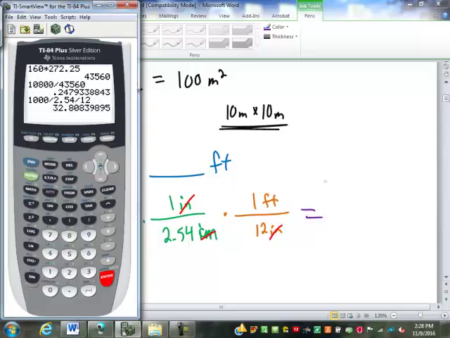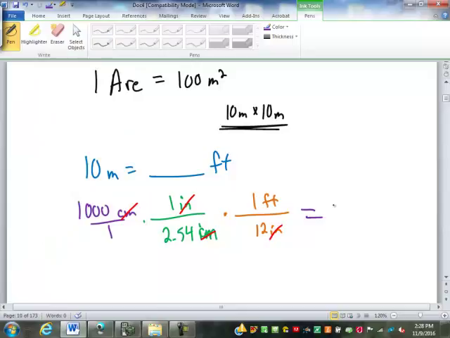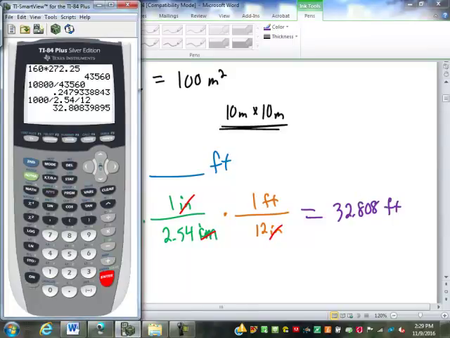So I get 32.808. So that R is 32.808 feet on each side. If I square that, that means 1 R is 1,076 square feet. We'll go 0.4.